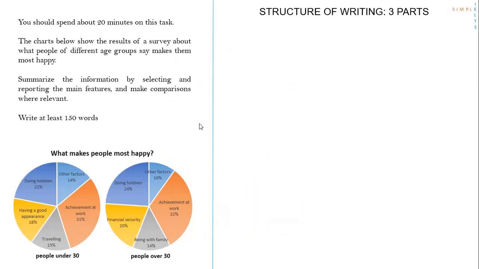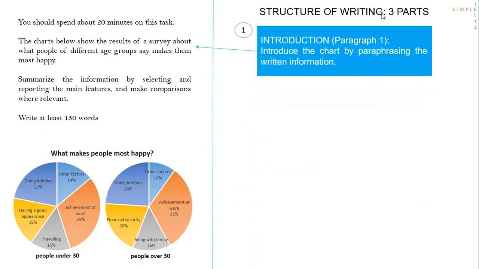So that's about some explanation about pie chart. So the question is how to make a good summary of the pie charts. First is that you have to understand the structure of a writing. It normally consists of three parts. First of all is the introduction, normally written in paragraph 1. In the introduction, you have to introduce the chart by paraphrasing the written information here.